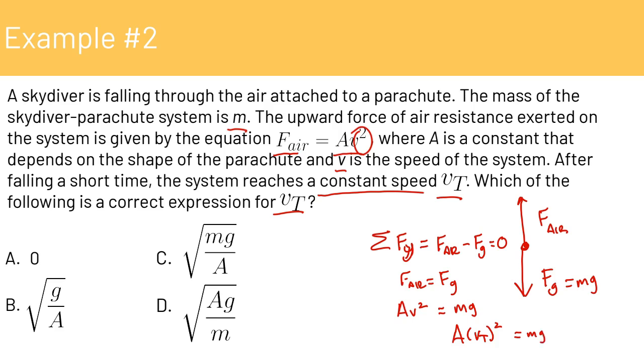So I'm going to divide both sides by A. So we have Vt squared is equal to mg over A. So then Vt is equal to the square root of mg over A. So we have square root of mg over A, which is answer choice number C.